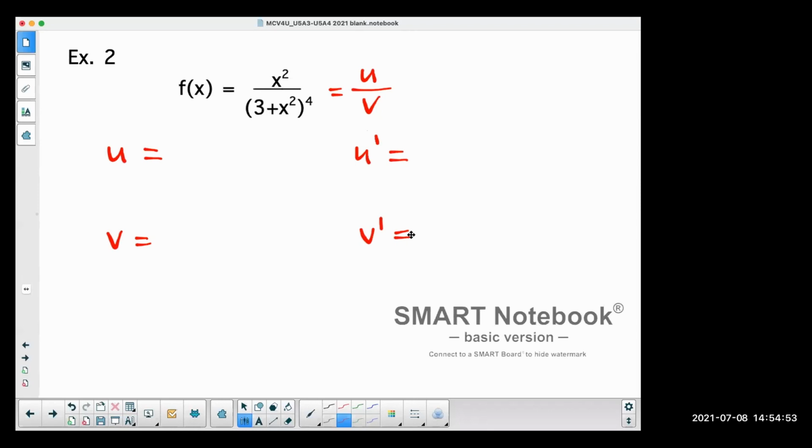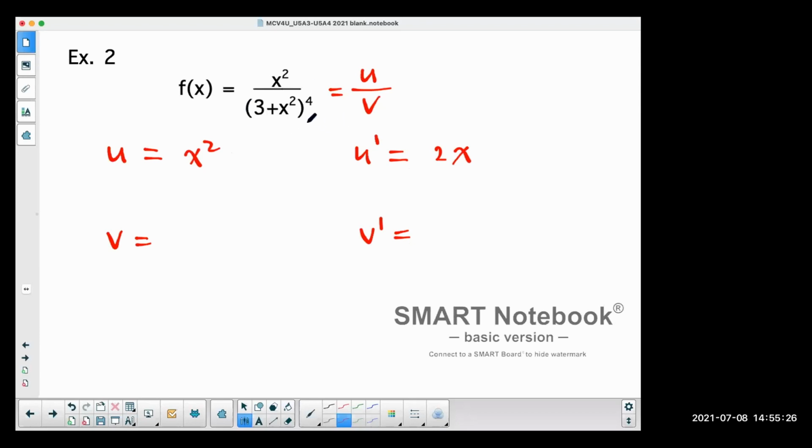Try not to do everything at once. That's always a good strategy when you are facing a daunting task, something that seems to be big and complicated. Always try to chunk it down, focus on one thing at a time. It makes life a lot easier. So even if this function may look complicated, chunk it down, look at one thing at a time. Just look at the top, x squared. I'm sure you can find the derivative of the top. That's 2x.